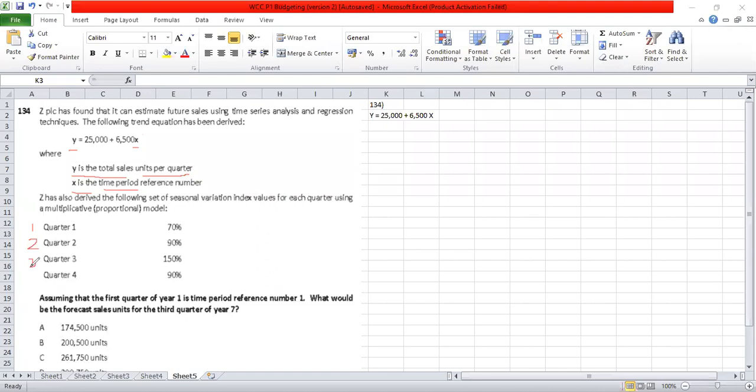So year 1, quarter 1. 1, 2, 3, 4. Then like that, if we proceed further, how many years do we have to go till the third quarter of year 7? I'll just quickly write it here because it's only dragging part of it.